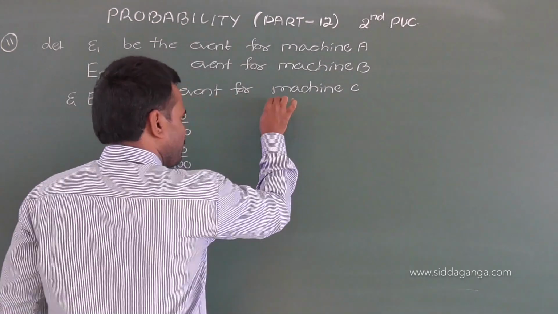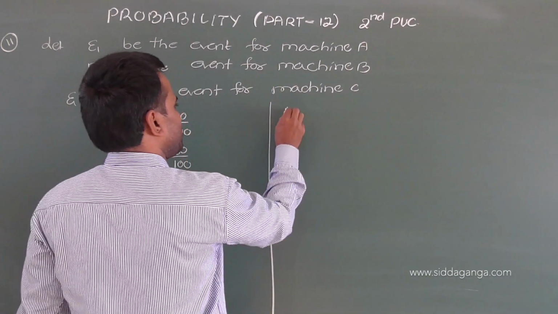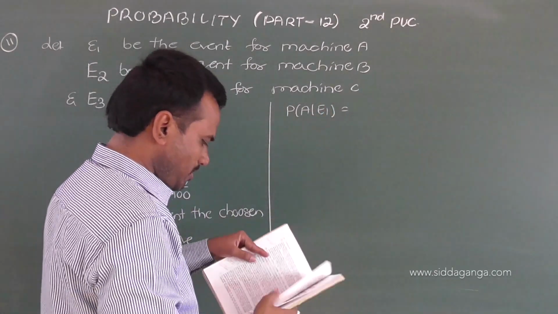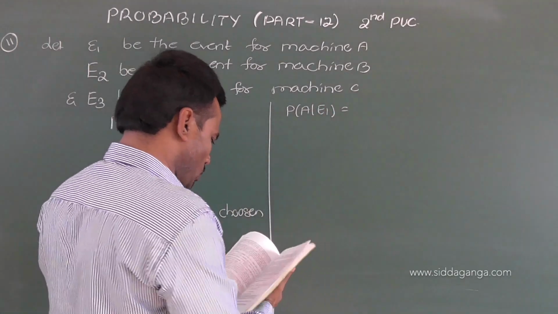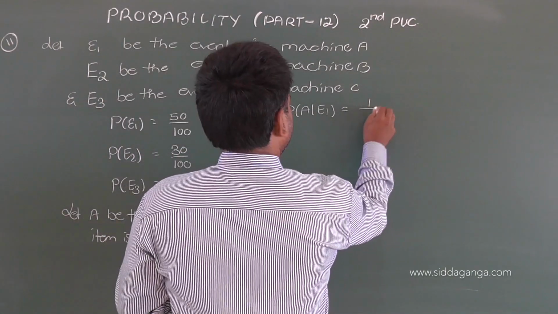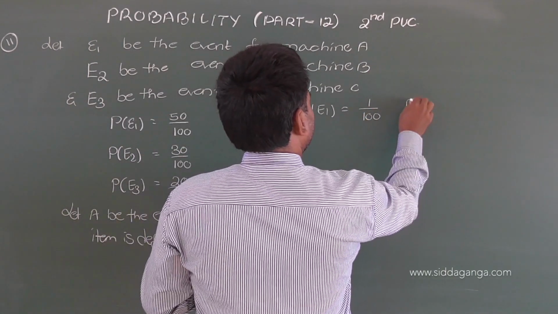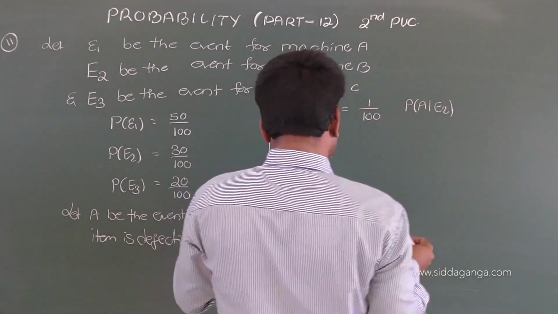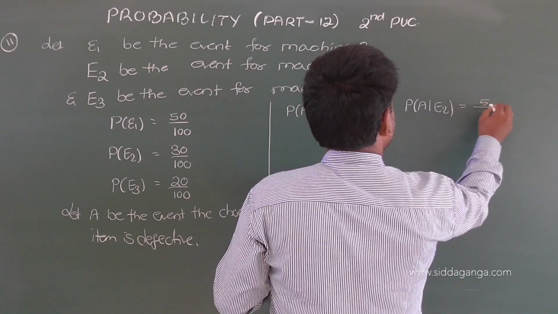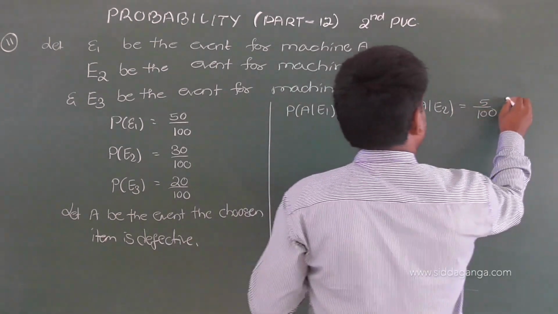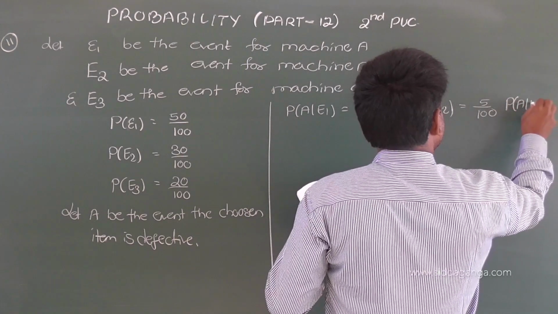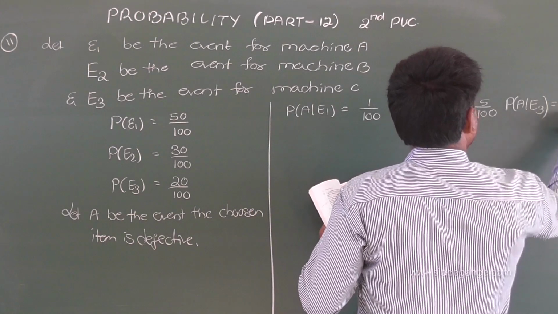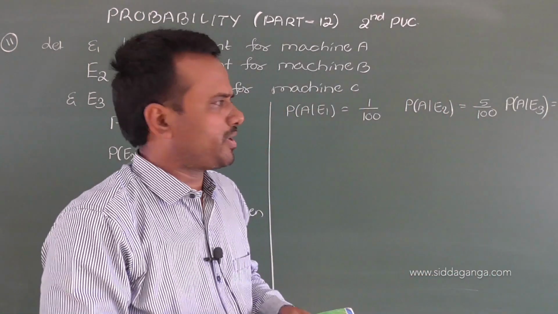So for that, probability of A given E1 is 1%, that is 1 divided by 100. Probability of A given E2 is 5 divided by 100.